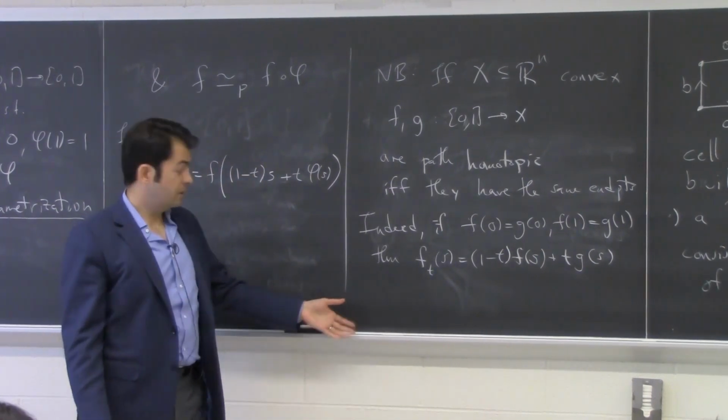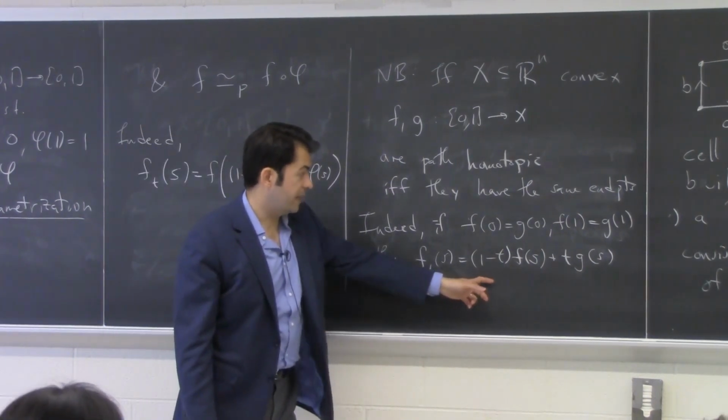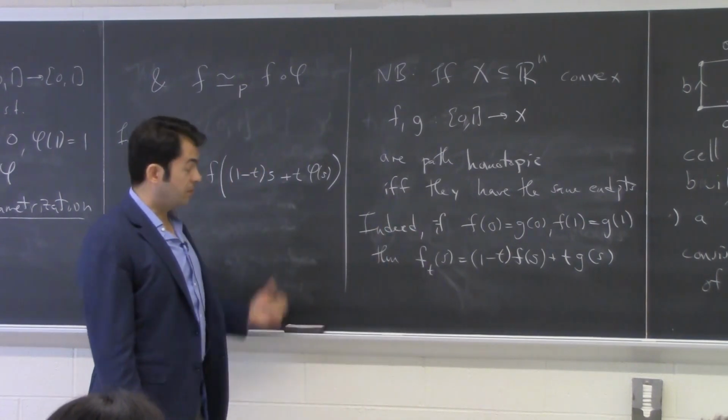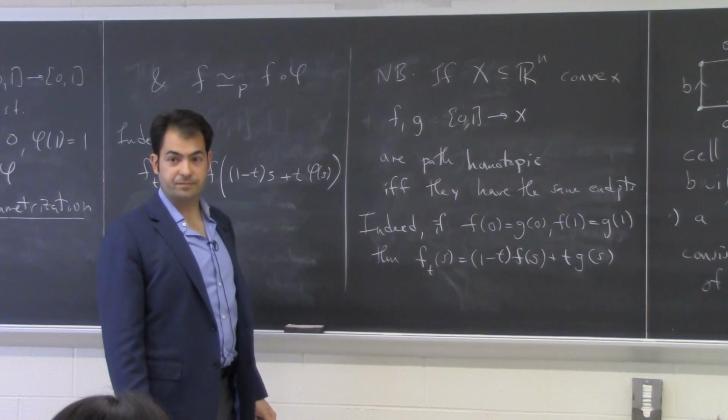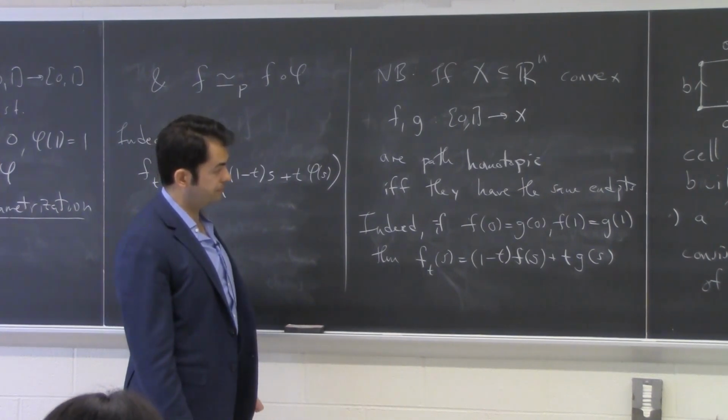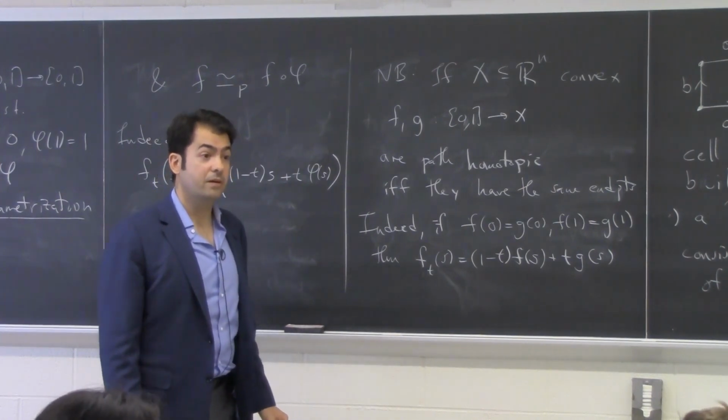It's continuous, and it starts at F and ends at G. And it's a path homotopy because they have the same endpoints, so this always has the same endpoints. Yes?